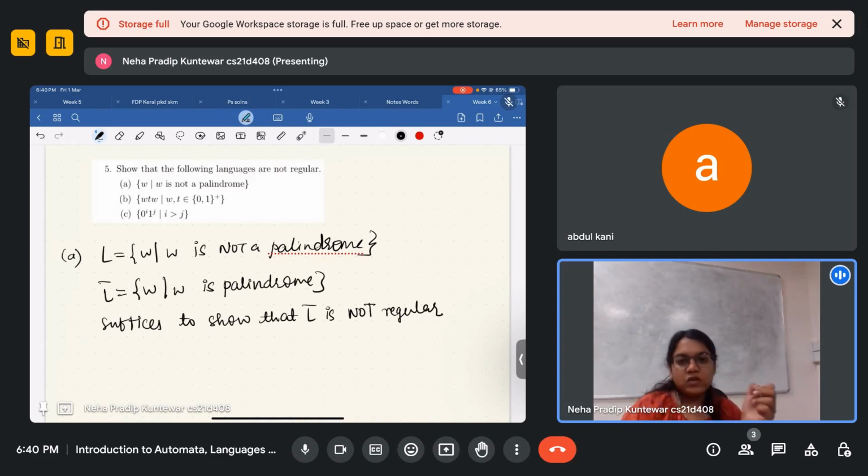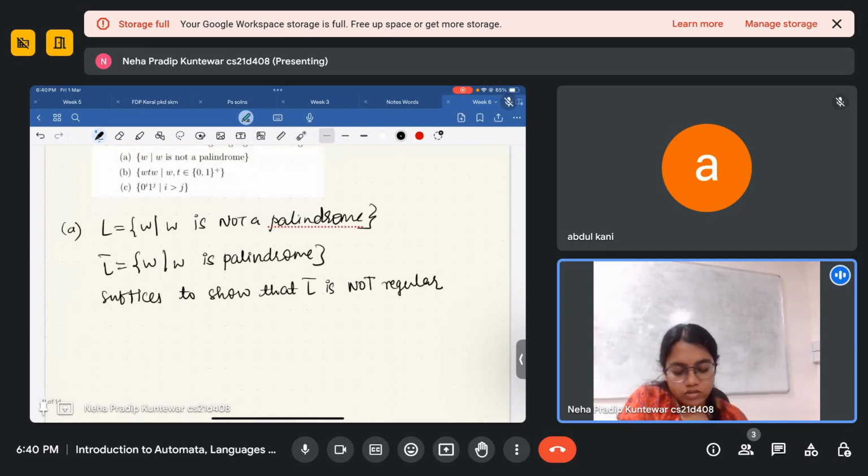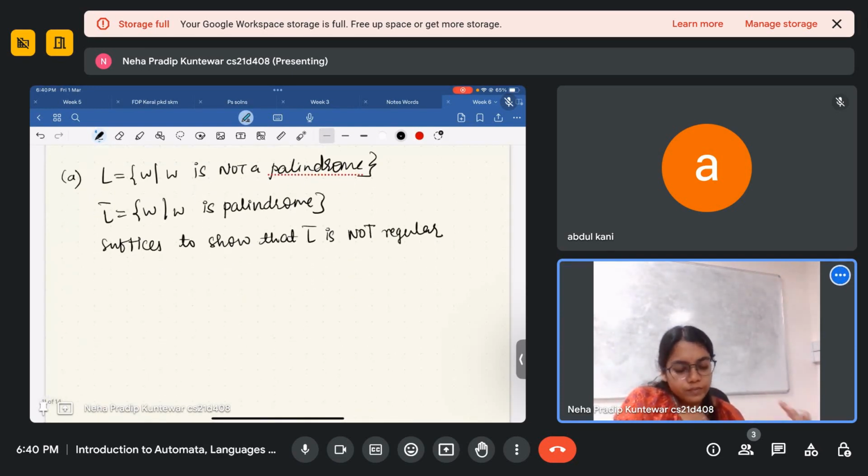Why is that? Because we know that regular languages are closed under complementation. So if L bar were regular, then so would L be, and hence it's sufficient to simply show that L bar is not regular. So let's see how to do that.